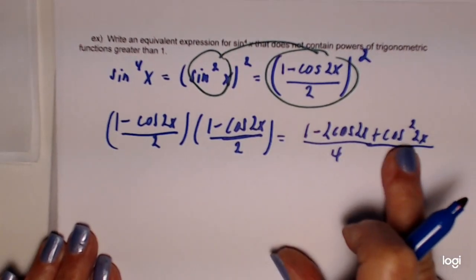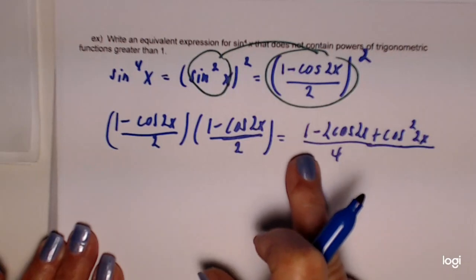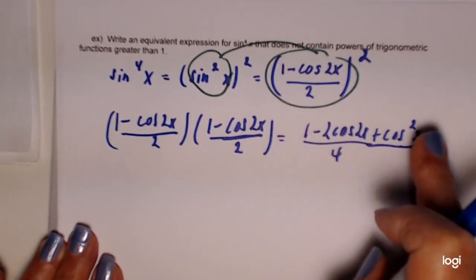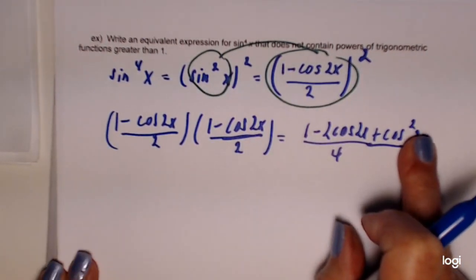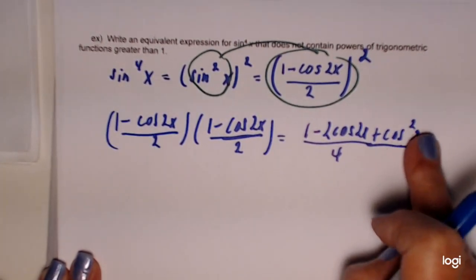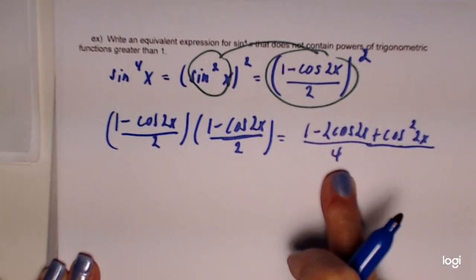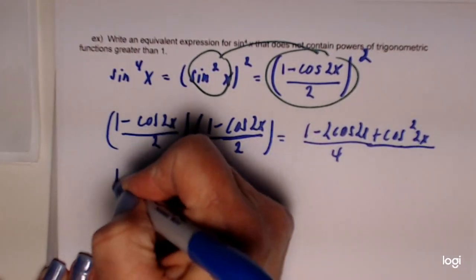We are not where we want to be because we still have an exponent of 2. So in order to deal with this, we're going to have to break this expression down into 3 separate fractions to isolate this. Well, we could deal with it up here, but it'll make the numerator much more complicated than we need it to be. So I'm going to break this down into 3 fractions. 1 over 4.